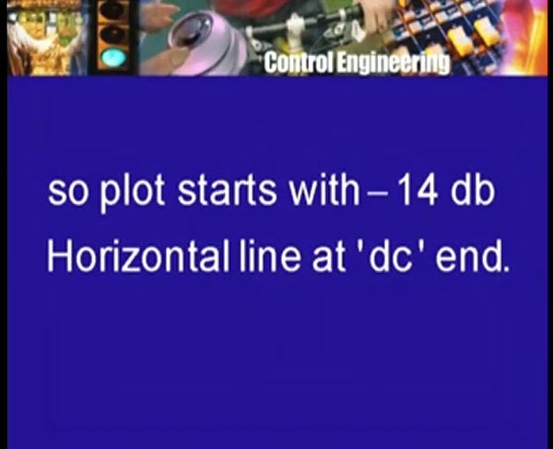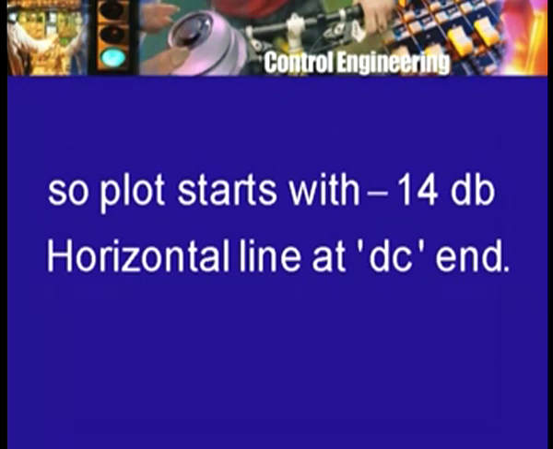So I don't really have to do all that. The net effect is I draw a horizontal line at a level of minus 14 dB. So the dB gain will approximate minus 14 dB as omega tends to 0, and a horizontal line at that level will be a good approximation. So I can think of starting the low frequency part of the total approximation at a level of minus 14 dB.